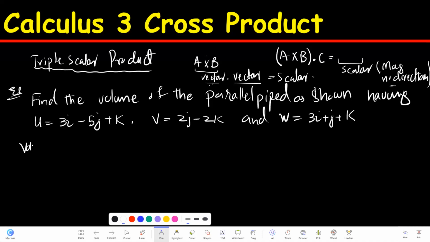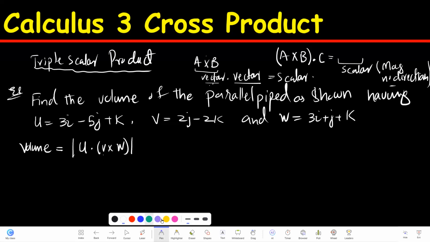So what I need to do is define my volume equal to u dot v cross w. Maybe I can put the magnitude here if I want to, but really I don't have to. I have two options.